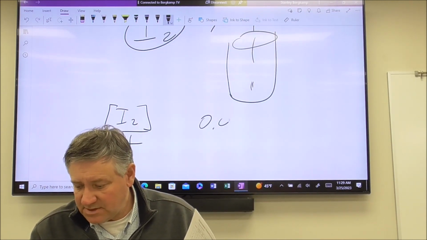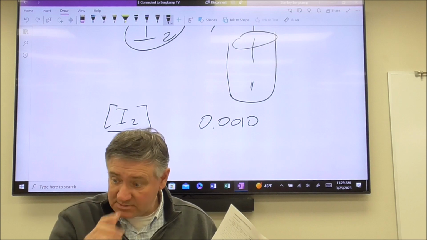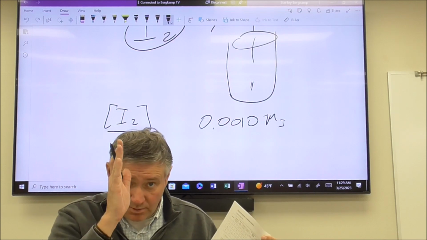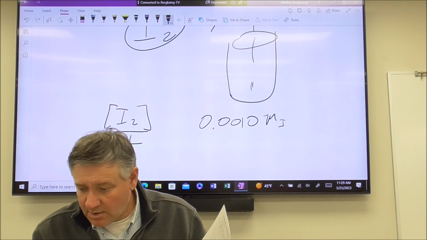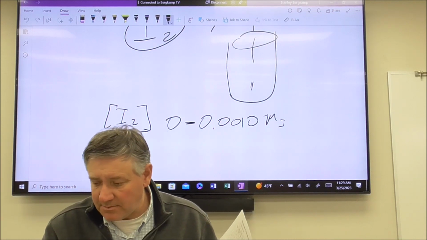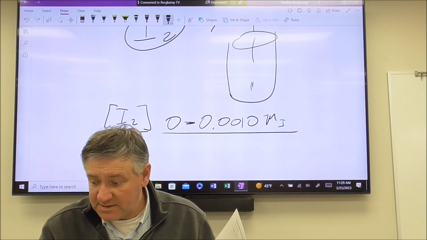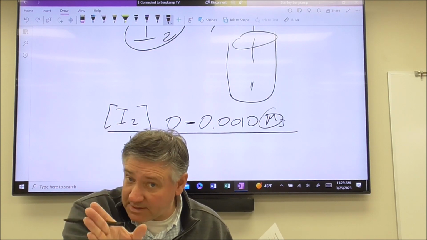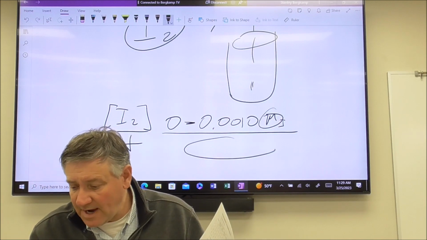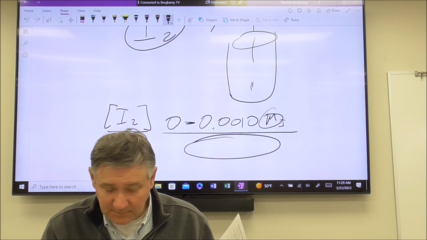Your final concentration is going to be 0, so technically this is going to be a negative number. And this is molarity, not moles, molarity. Then you're going to divide that by the time.